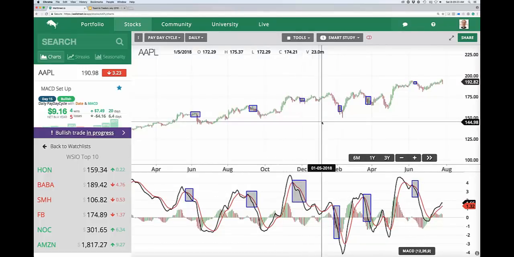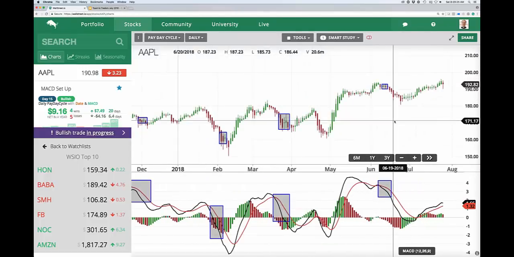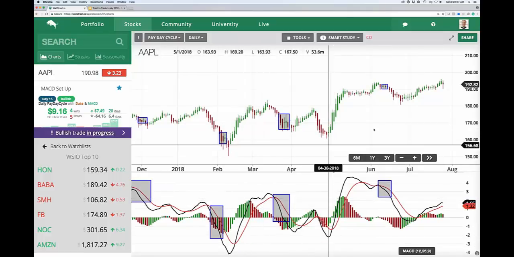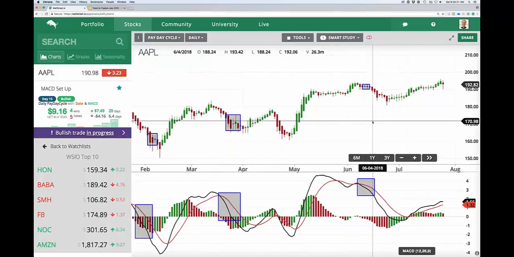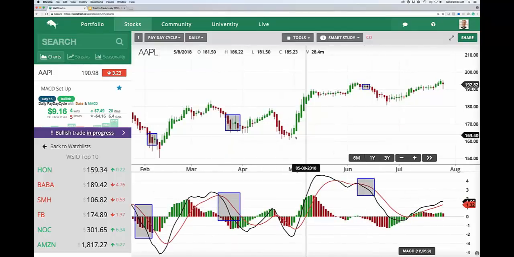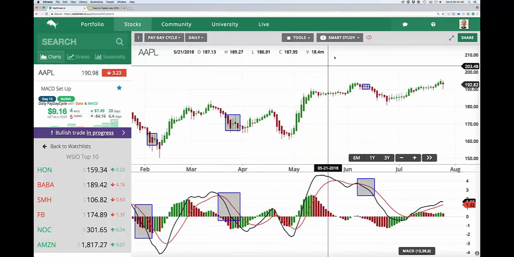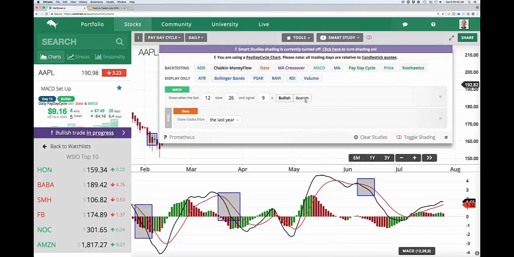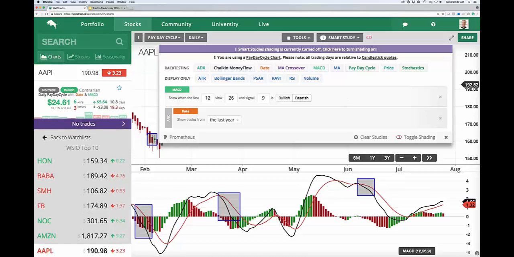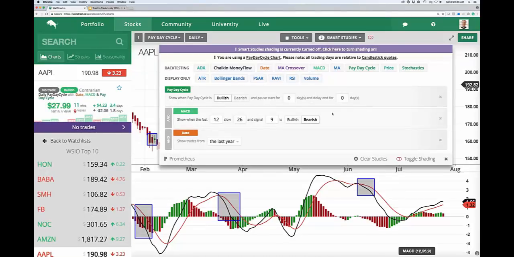So what I like to think about with Apple is that when the MACD is bullish and trending up, and you have a bullish payday cycle, the probability of success is higher and you're more likely to get a longer cycle. In fact, we ran the numbers with smart studies here, and you can see when the MACD is bearish, which I can just click right here for the bearish toggle, and you're trying to do a bullish payday cycle, on average, they only last 3 days.